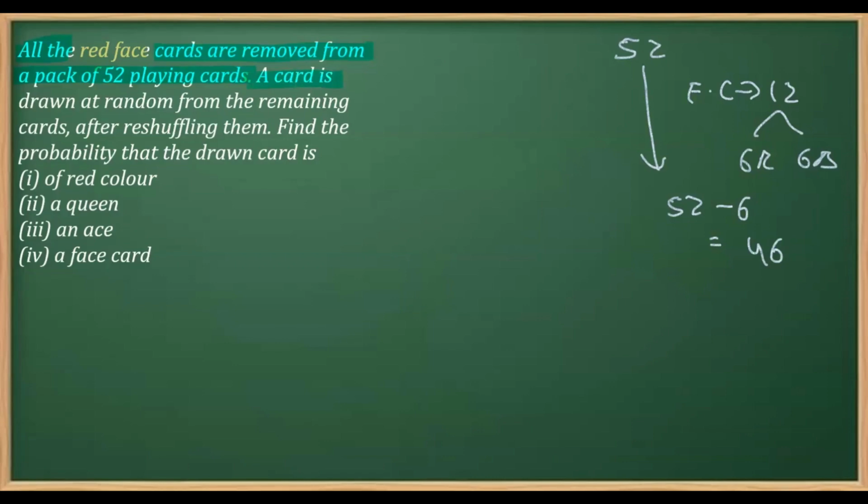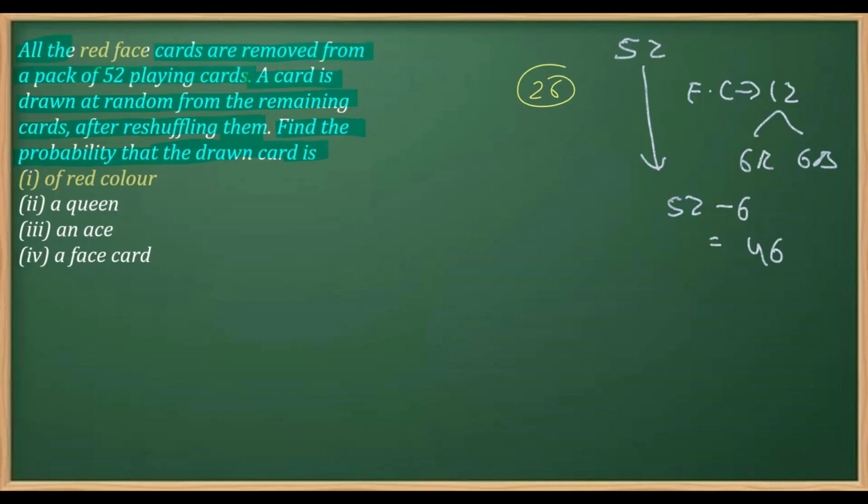Now, as I read further, it says a card is drawn at random from the remaining cards after reshuffling them. What we have to find out is the probability that the drawn card number 1 is a red color card. So what we know, out of 52, how many red cards are there? 26 of them are red, right?